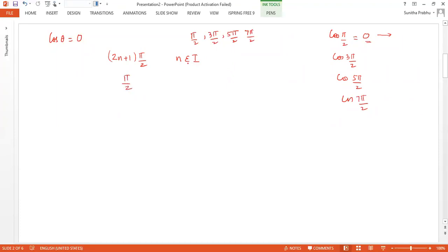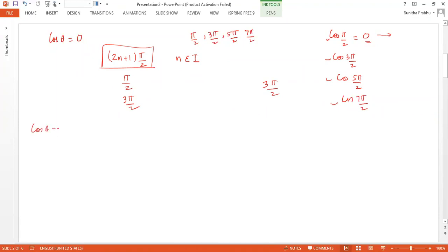N is equal to 1: 2 into 1 plus 1, 3 pi by 2. N is equal to 2: 4 plus 1, 5 pi by 2. So if I frame (2n plus 1) into pi by 2, that is going to satisfy this.